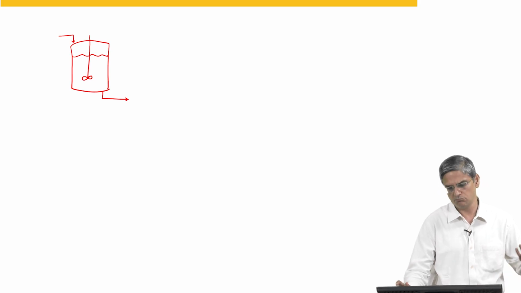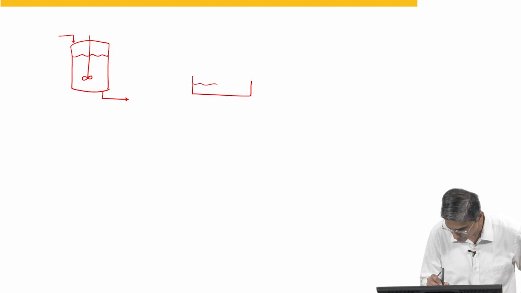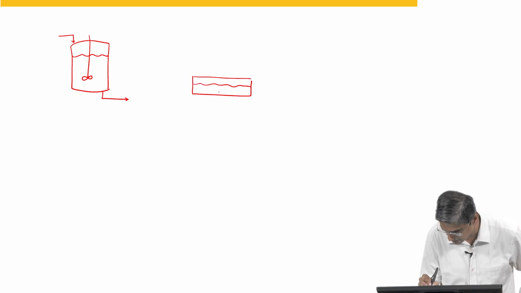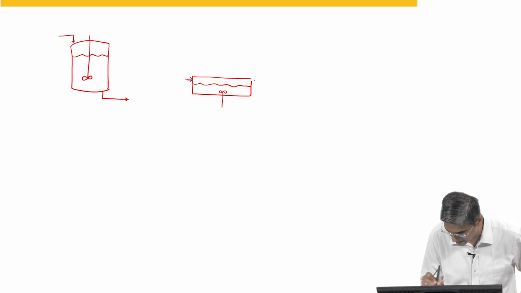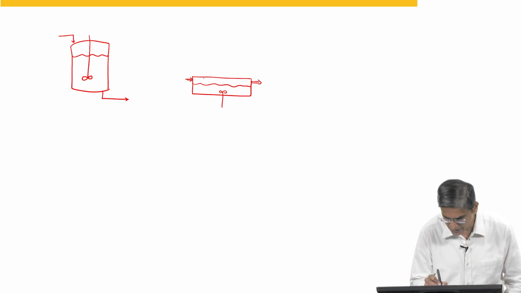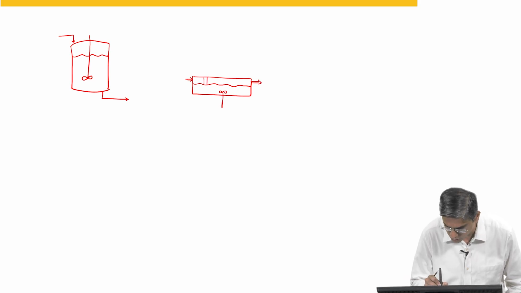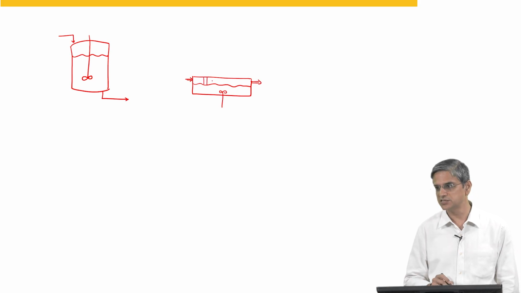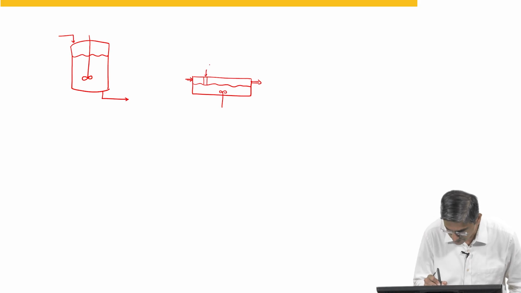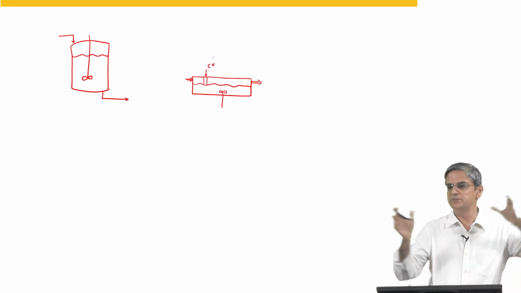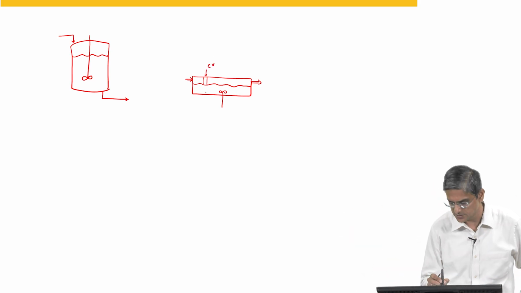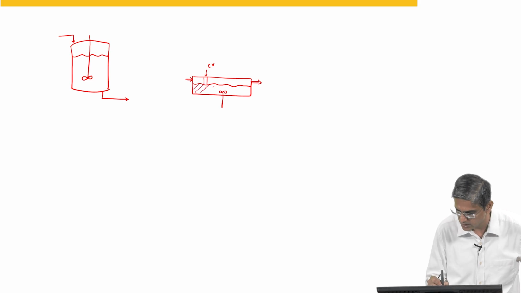Okay. Then let us say we have a situation like this. Let us say there is liquid and there is gas, and this liquid is well mixed and the gas is flowing like this. Okay. We can always take a control volume in the gas phase. So, this can be the control volume in gas phase, and there might be multiple control volumes in the gas phase, and there might be one single control volume in the liquid phase.